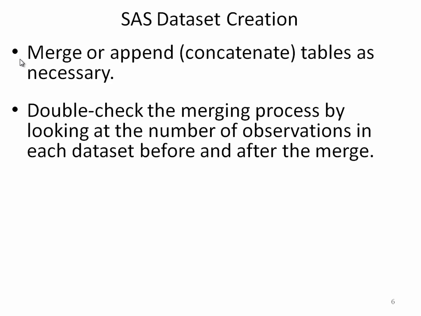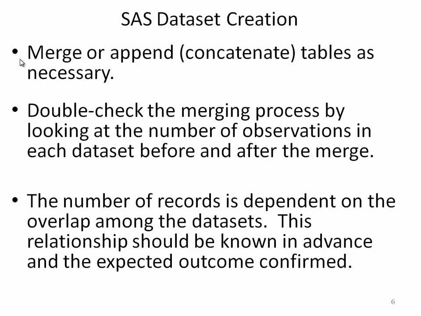And we'll look at some examples. You also need to understand how the number of records is dependent on the overlap among the data sets. So you might have some patients in this data set that aren't in here, which would create a few additional records in the final merge data set. So you need to understand what the relationship is.